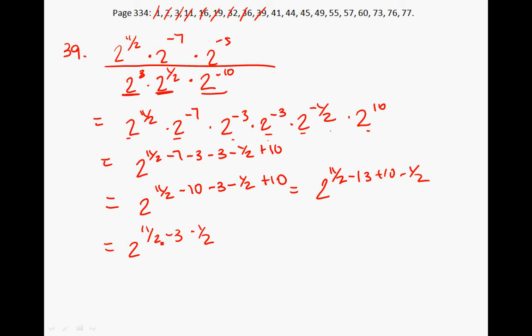Okay, so 11 halves minus 1 half gives us 10 halves. And it's going to be 2 to the 5 minus 3, which is 2 squared, and that should be our answer.